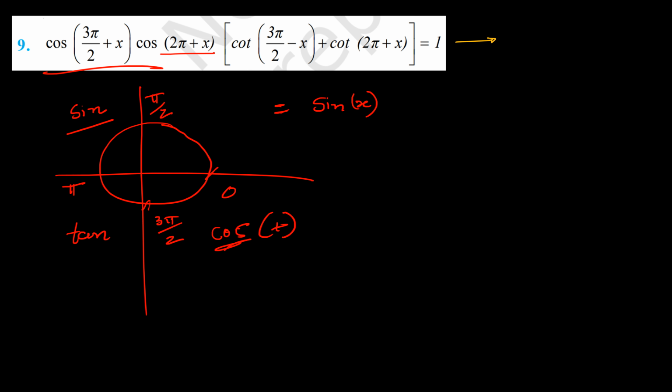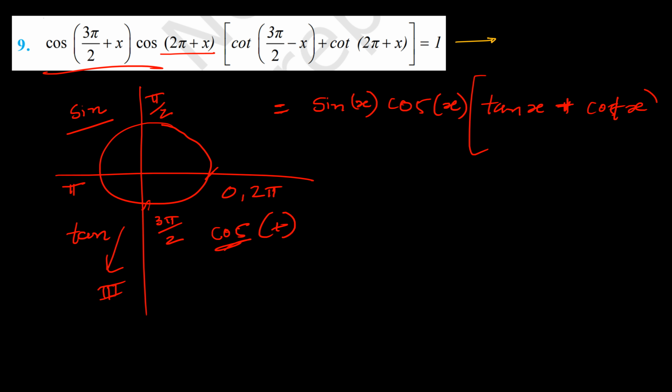And for 2 pi plus x, here we have 3 pi by 2 plus pi by 2, that means again 2 pi has come, plus x, again cos x. We do not want to change the sign here. Okay, cot(3 pi by 2 minus x) means third quadrant, so we change it to tan, and cot is positive, so tan x, plus cot(2 pi plus x), again cot x, again positive.